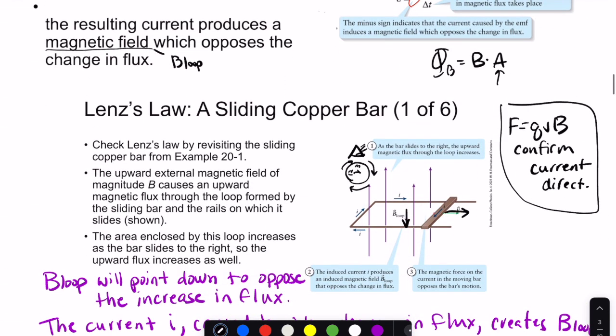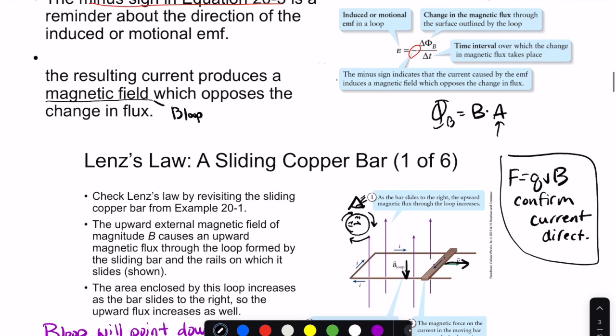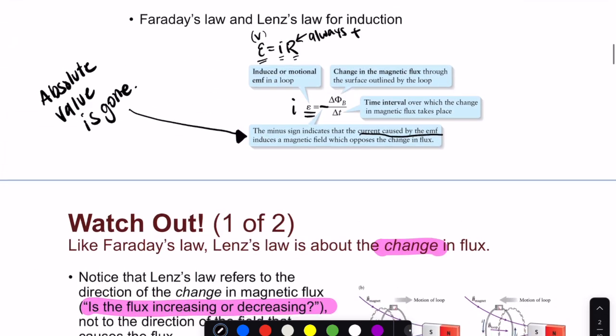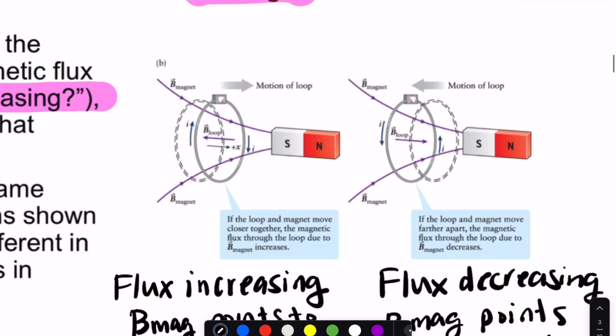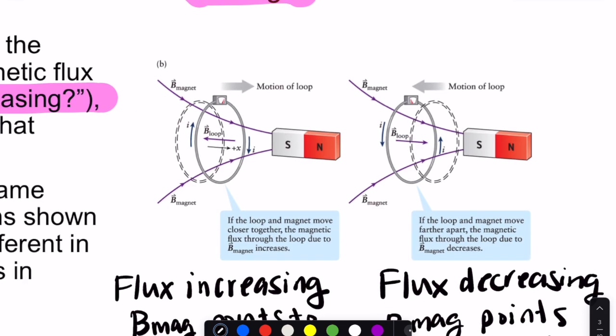Looking at this sliding bar, maybe the bar is moving the other way. Looking at many pictures like this where you got loops moving towards magnets, loops moving away from magnets, magnets moving away from loops, every kind of variation. You need to look at all of those and be able to find the induced current direction. And so I will post some examples of that for sure.